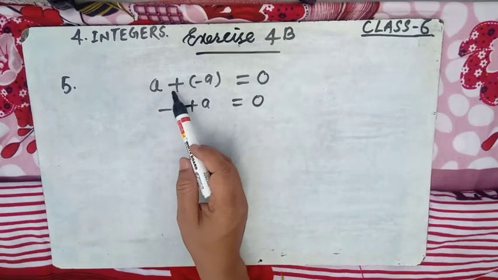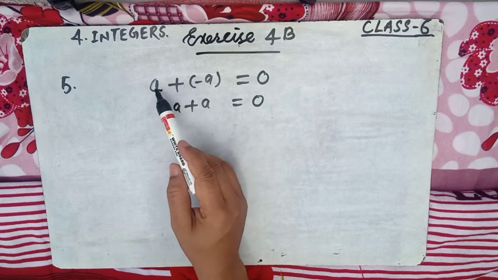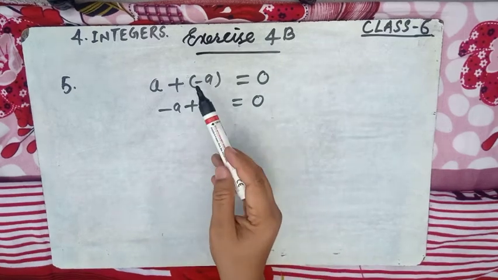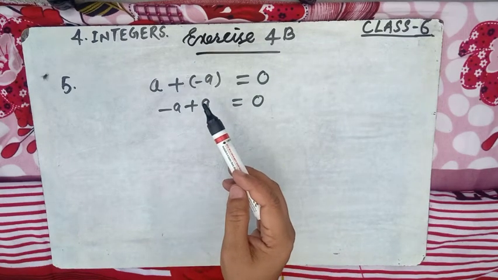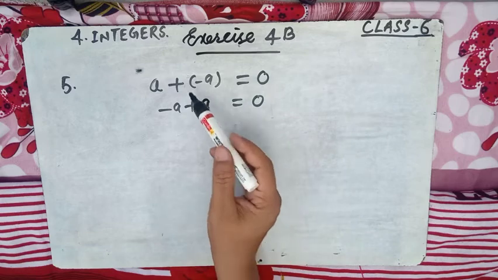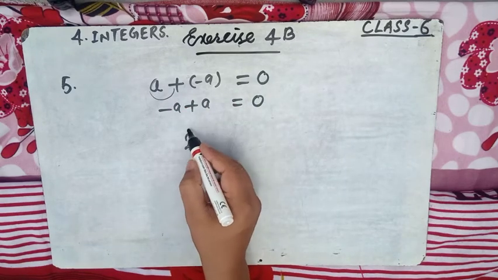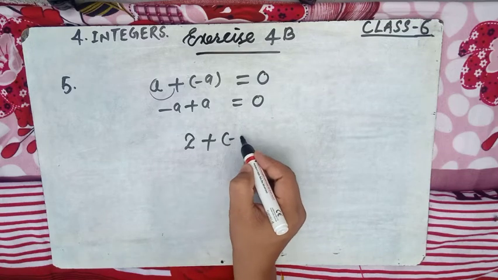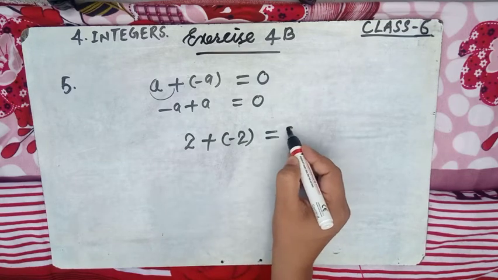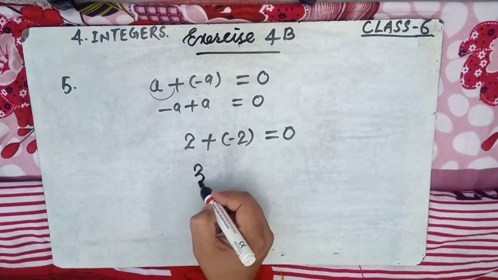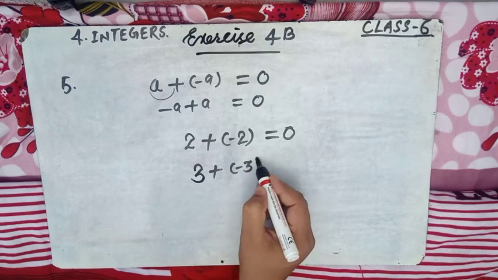Because we are talking about integers, we can say the sum of an integer and its opposite is equal to 0.